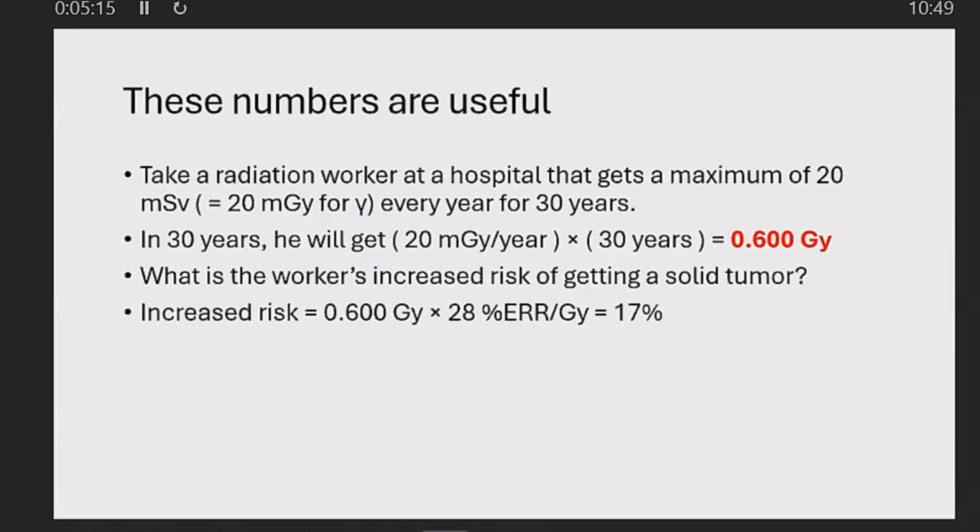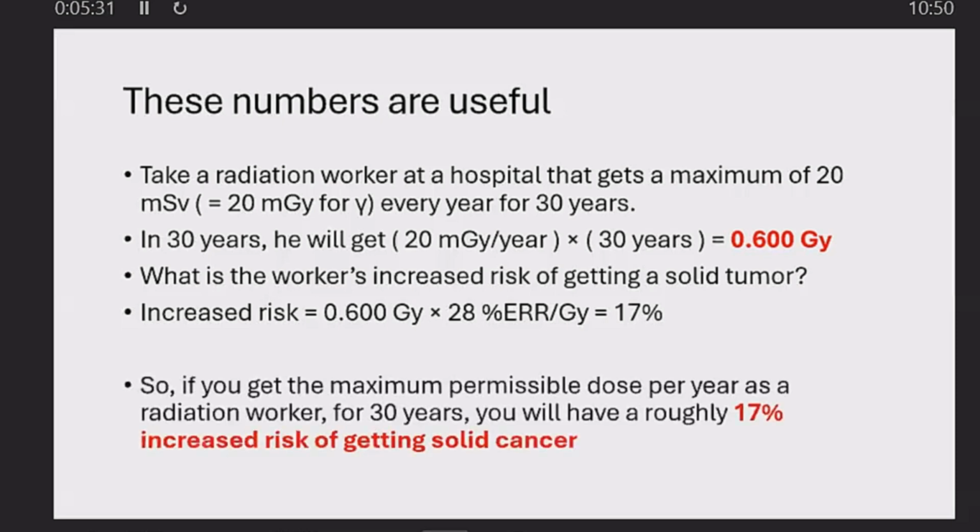Okay, if you calculate the increased risk, you multiply 0.6 grays by the 28% ERR per gray. That gives a 17% increased chance of getting a solid tumor. So if you get the maximum permissible dose per year as a radiation worker, for 30 years, you will have a roughly 17% increased risk of getting solid cancer.